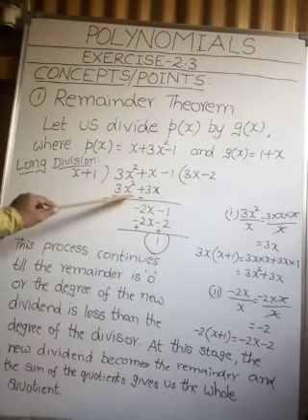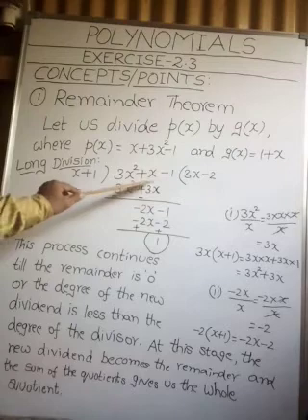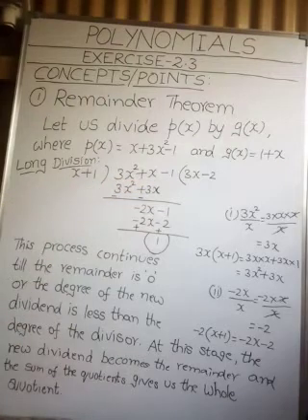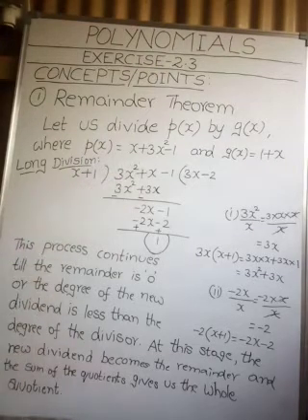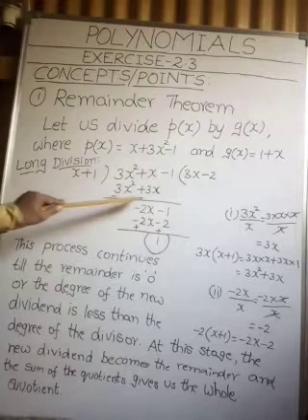Now we have to subtract this polynomial from this polynomial. You know how to subtract a polynomial from another polynomial. So here, in the column, we are using the column method in subtraction. So here we change the sign.